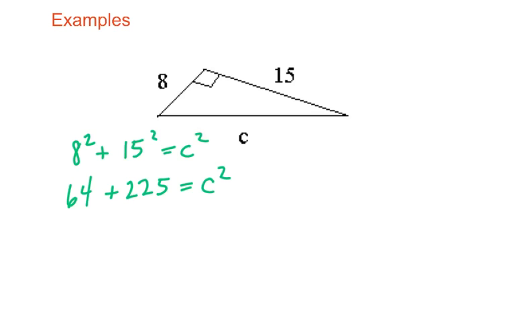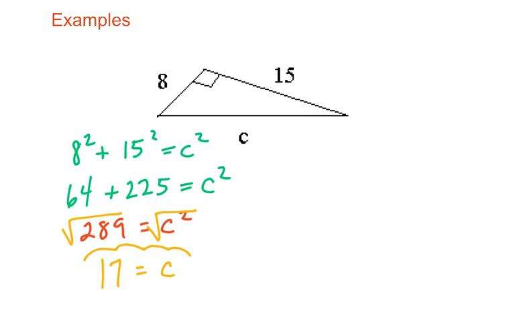That's equal to c squared. Combining those, you get 289 is equal to c squared. And if you were to take the square root of 289, you'll get that c is equal to 17. So let's look at a few applications.